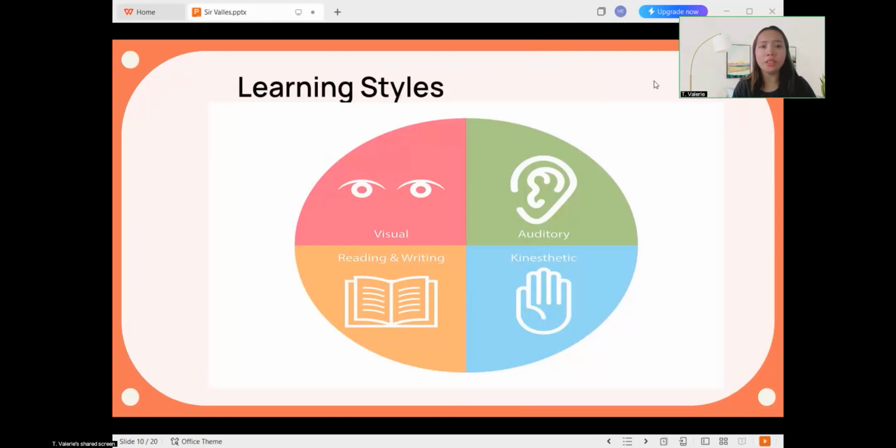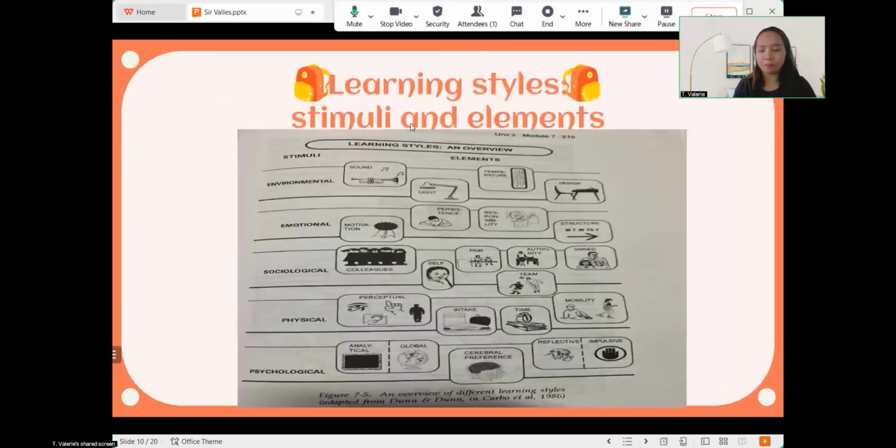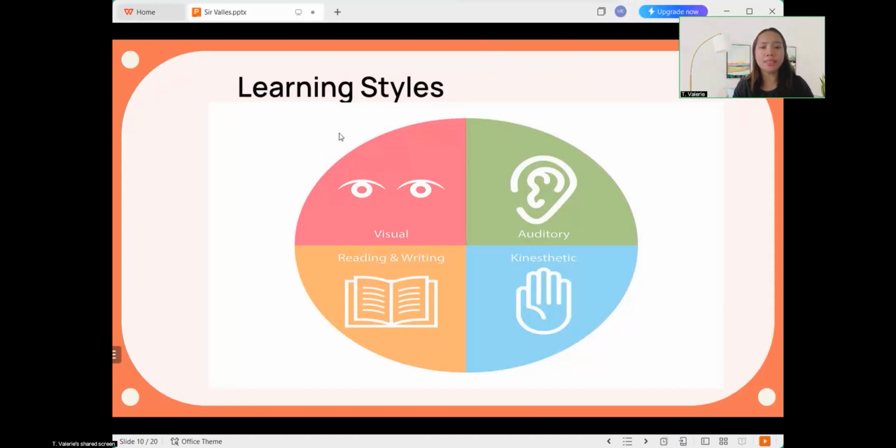Now let's have the learning styles. In learning styles, we have visual, auditory, reading and writing, and kinesthetic. We all know that we have diverse learners, right? And given that we have diverse learners, we also accept the fact that these learners have different learning styles.